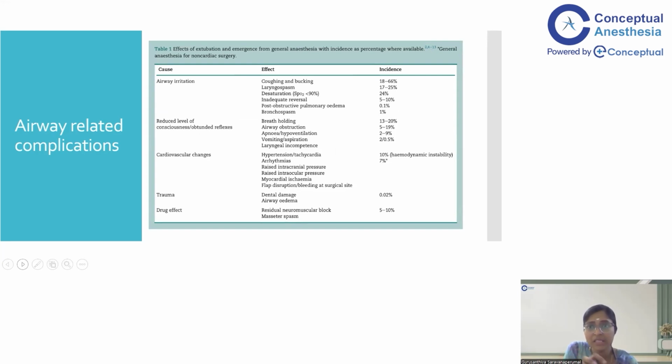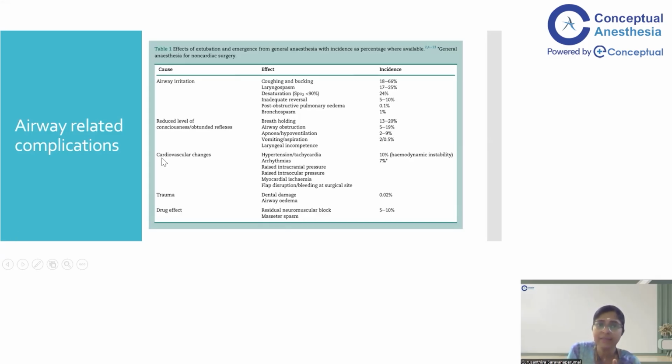These have an incidence ranging from 1% to around 66%. Whenever the patient has a reduced level of consciousness and obtunded reflexes, breath holding, airway obstruction, apnea and hypoventilation, vomiting and aspiration, and laryngeal incompetence can occur. So these are all the airway-related complications which can occur during an extubation.